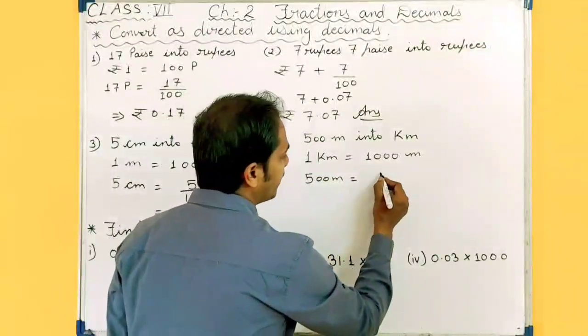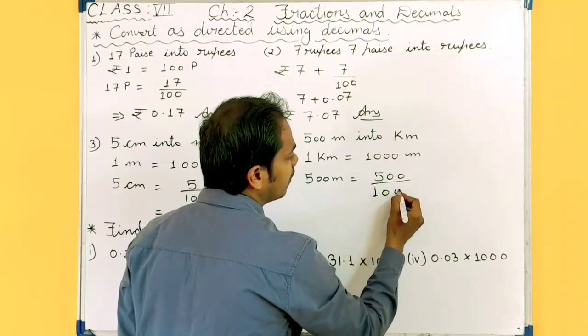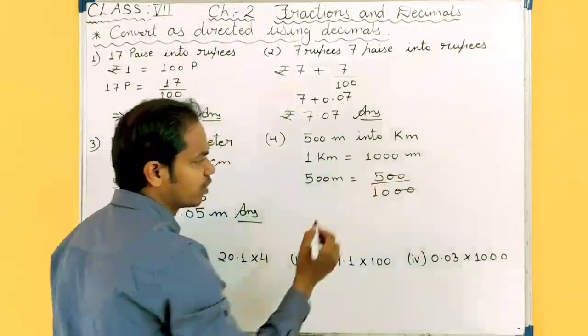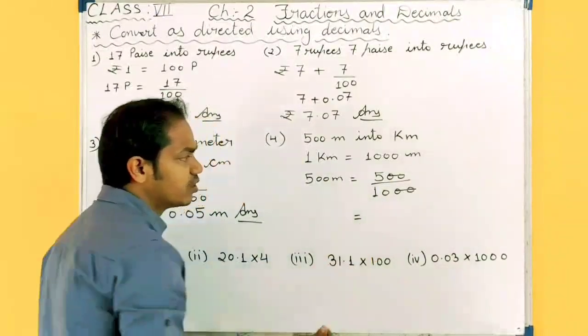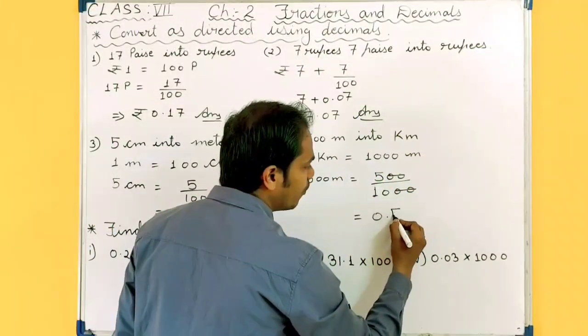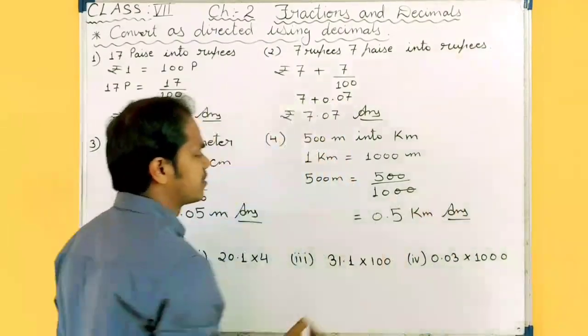So here we will divide. So 500 divided by 1000. I will cut this 0 to 0. Only 10 is remaining. So from right hand side count one value and put 1 point. So 0.5 kilometer is your answer.